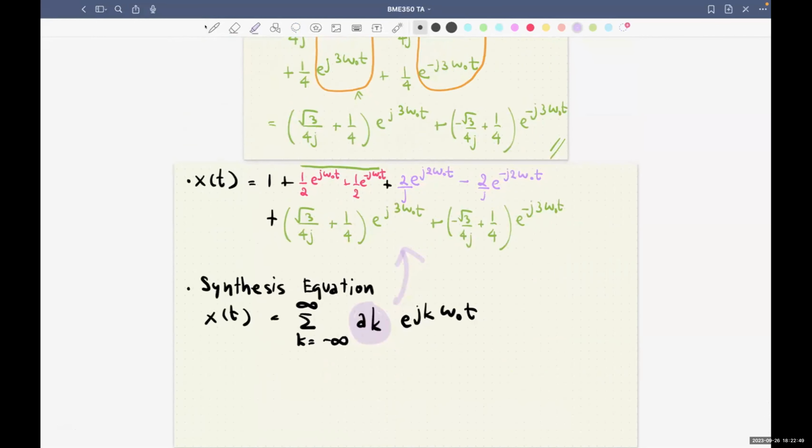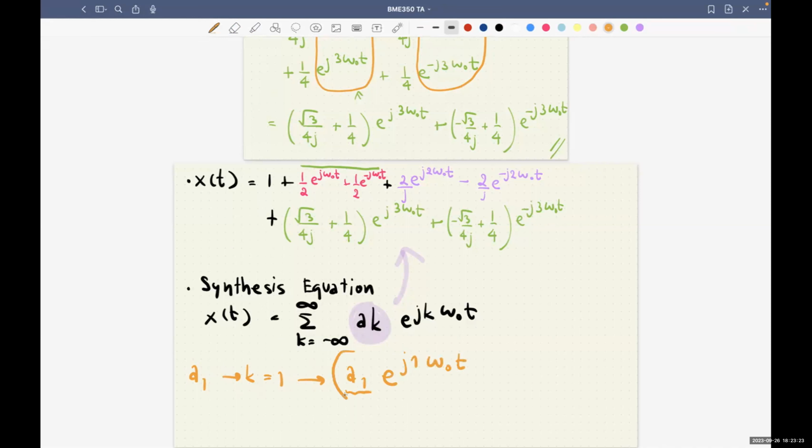So let's say if I have like a_1, that means my k is 1, right? k equal 1. And my a_1 is gonna be some coefficient of e to the power of j 1 omega t, right?